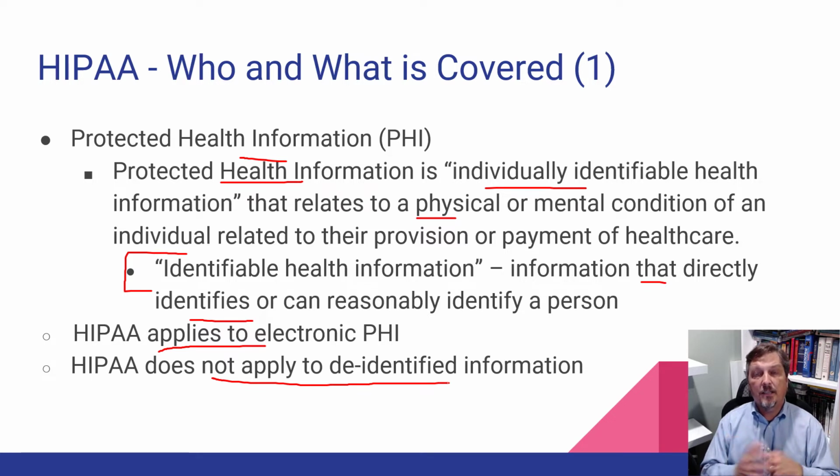Now, if we can delink that information because we want to use it for some kind of external study, perhaps, on techniques and outcomes in cardiac catheterization, and the records can't be traced back to an individual, then it's de-identified and it's not HIPAA information.